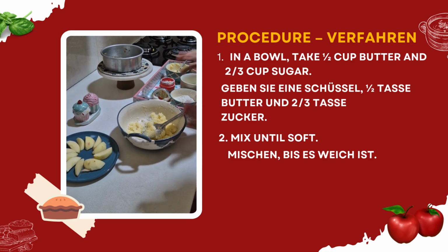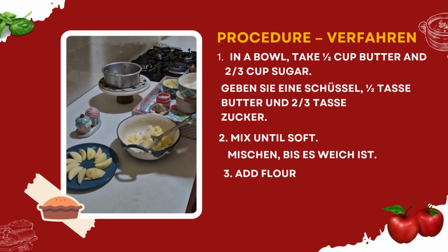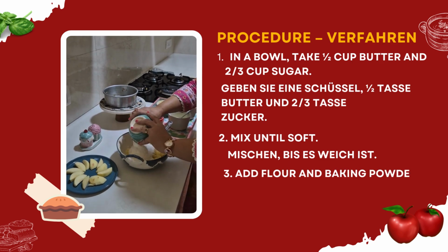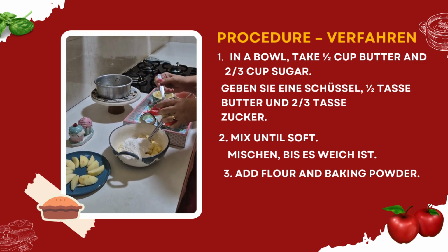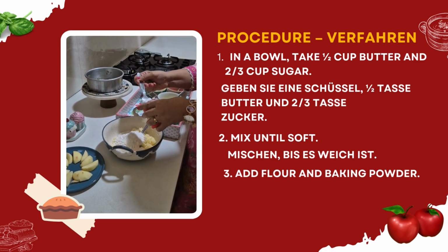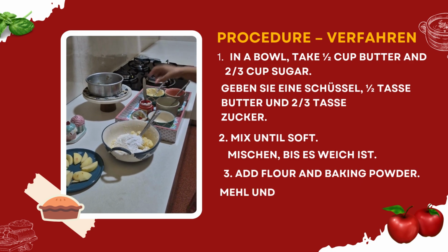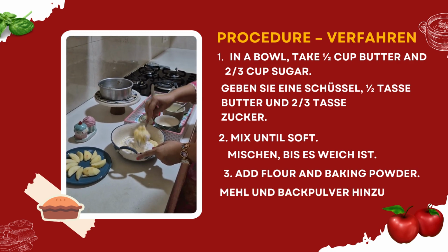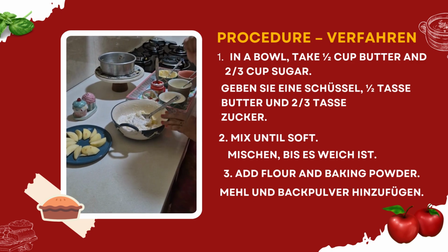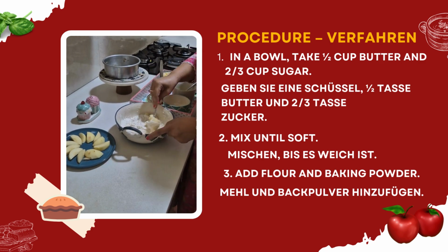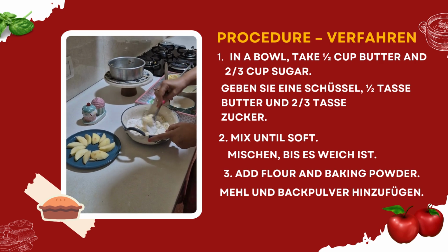Then you have to add the dry ingredients, that are Mehl, that is flour, and this is baking powder. So this is 1 tablespoon of baking powder. So how will you say in German? Then you can say und Mehl und Backpulver hinzufügen, meaning you have to add baking powder and flour.